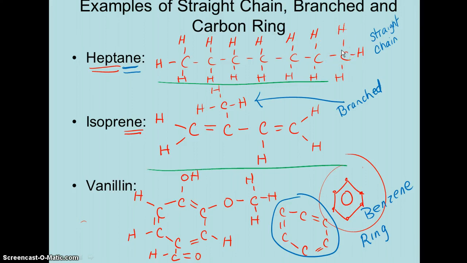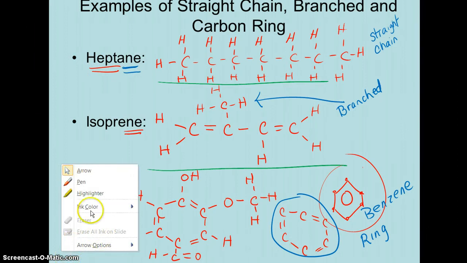Now that I'm thinking about it, I think we skipped heptane. We went from 6 to 8. Actually, I did. I went from hexane to octane. We had the numbers right. I just, for some reason, skipped heptane. But here's your heptane.